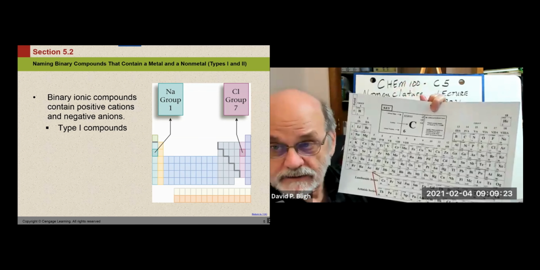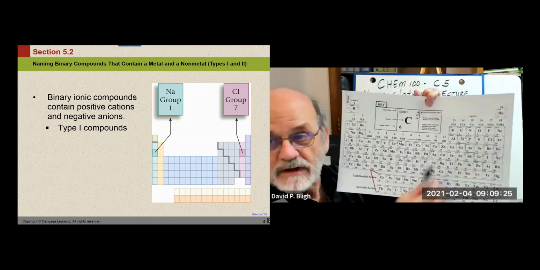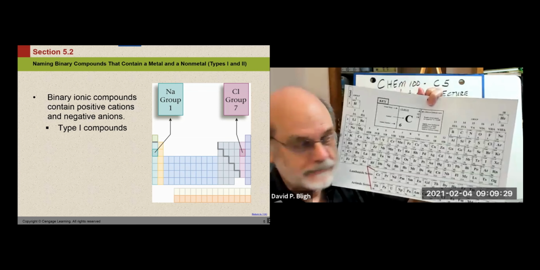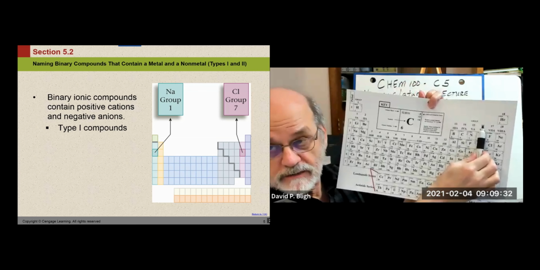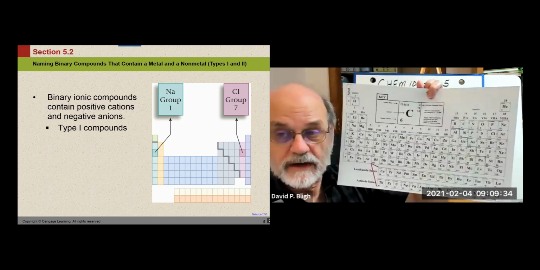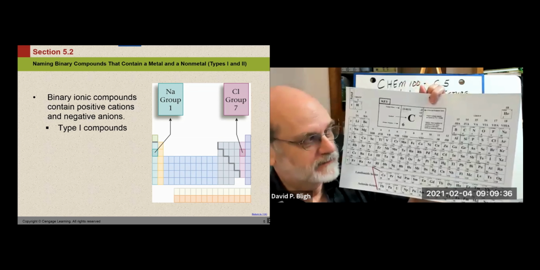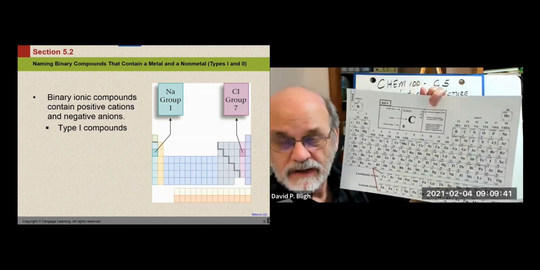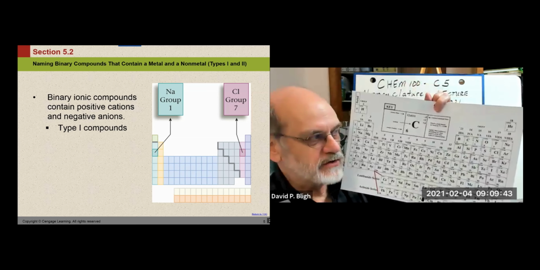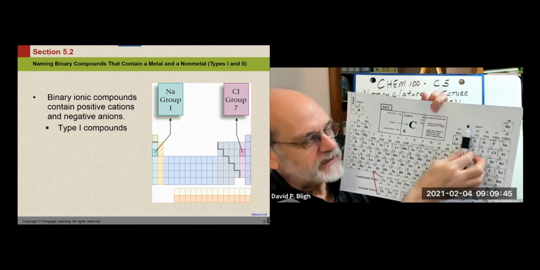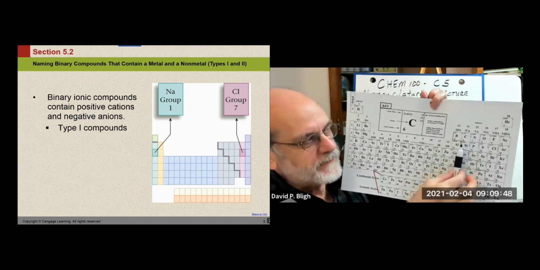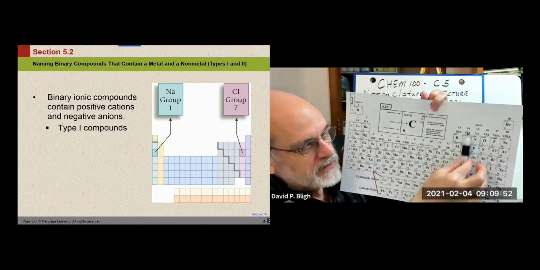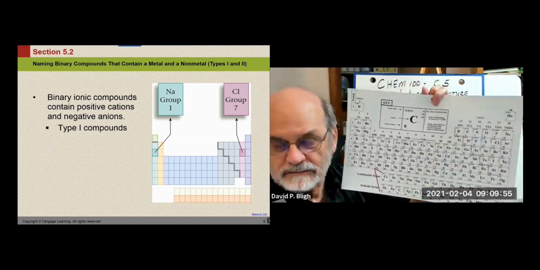The nonmetals, if they're halogens, they have a -1 charge in a type 1 compound. The chalcogens, the oxygen group, can only have a 2- charge. The nitrogen group can only have a 3- charge. Now here's the +3 charge, here's the -3 charge. The carbon group is in the middle.